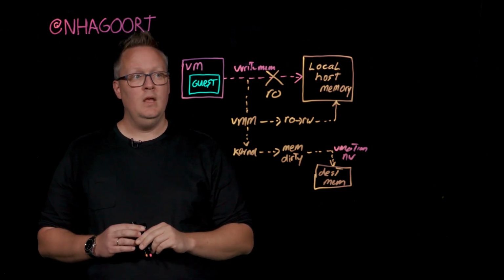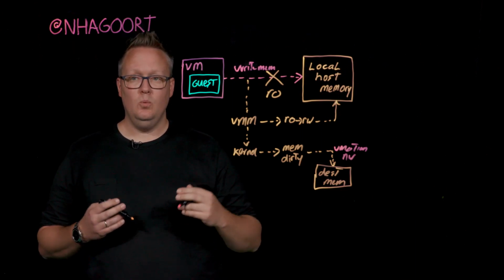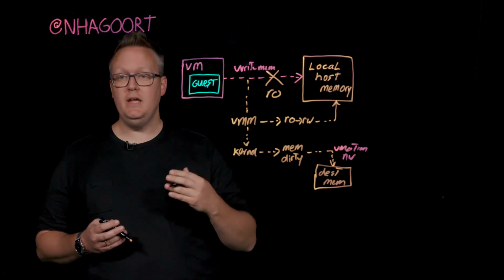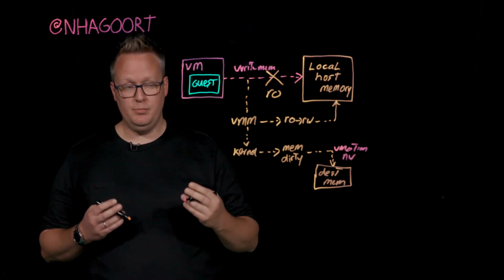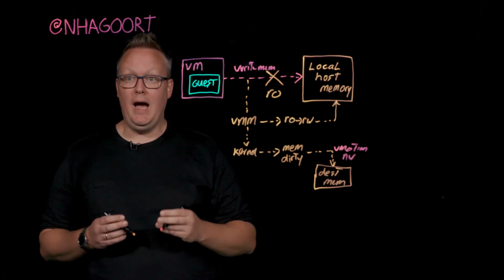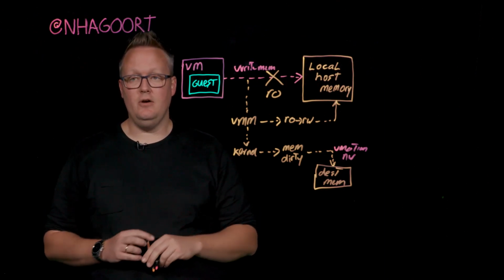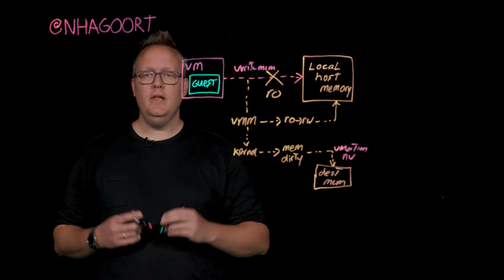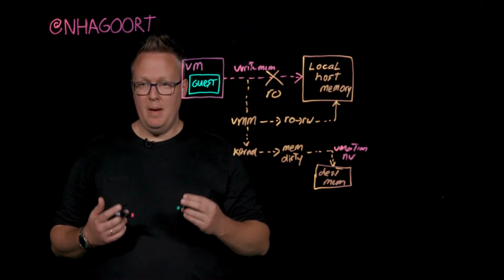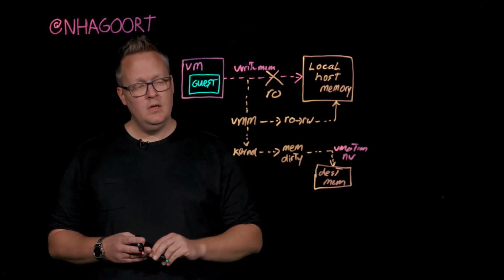So this is how we keep track of all the memory pages. And there is a process which I would like to discuss, which is the precopy, the iterative precopy process. And that is all about how we transfer that memory to the destination ESXi host. So let's talk about the iterative memory precopy process.